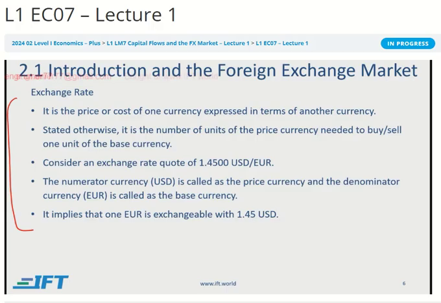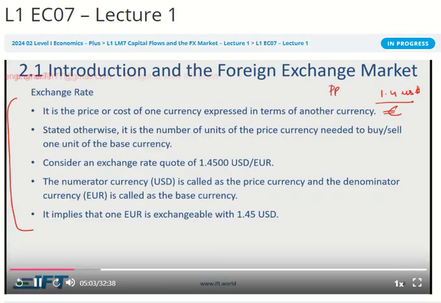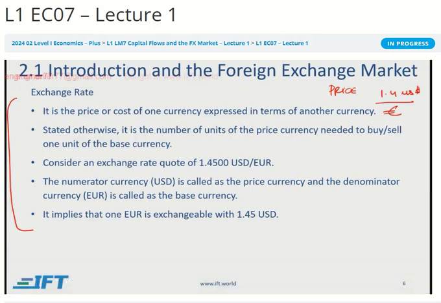Now coming to the exchange rate, it is the price of one currency expressed in terms of another currency. So 1 euro is priced in 1.5 US dollars. So if you see a quote that they are willing to buy or sell euros at 1.5 US dollars, that means it is priced in US dollars.